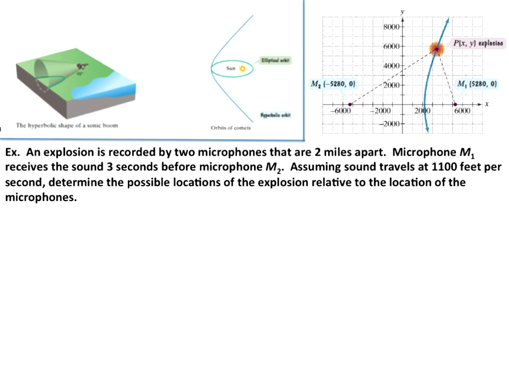Looking at this drawing up here, because the second microphone picked the explosion up 3 seconds after the first, I can assume that the distance from the explosion to the second microphone is 3,300 feet, because 3 seconds times 1,100 feet per second gives me 3,300 feet.